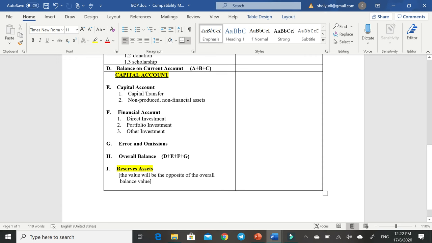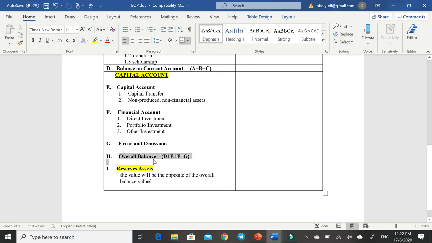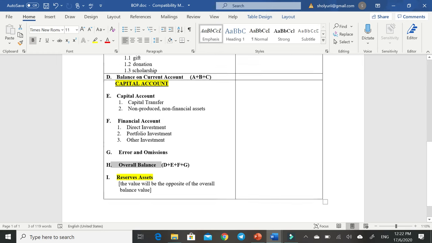Okay, the last part is we would like to get this overall balance. Inilah yang kita nak tentukan sama ada our balance of payment account tu dapat surplus ke dapat deficit through the overall balance. Okay, how to find overall balance?